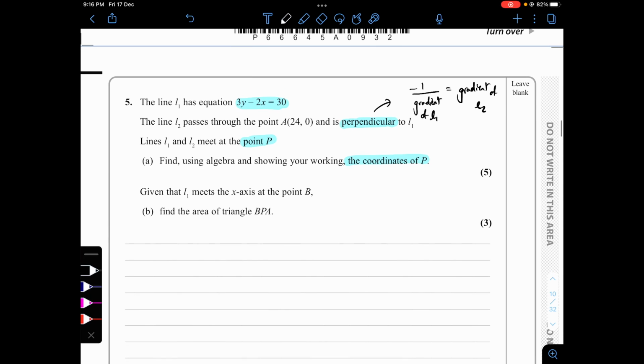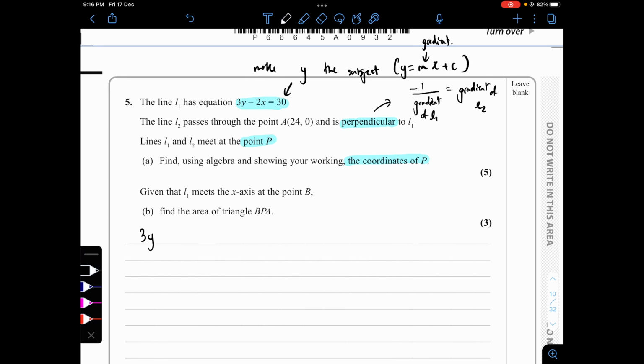So how do we find the gradient of L1? We need to make y the subject, so we can see it in y equals mx plus c form, where m is the gradient. Yes? So now let's rearrange it.